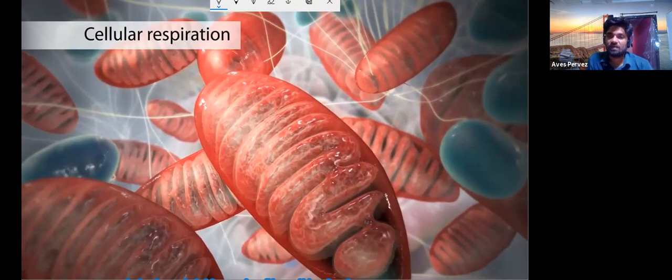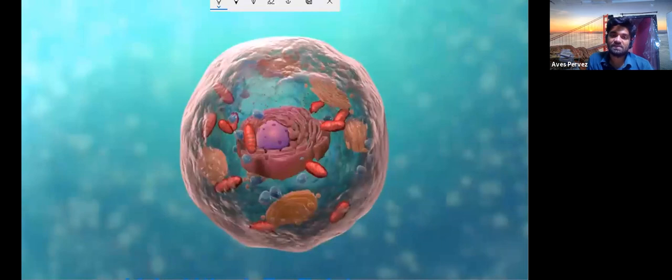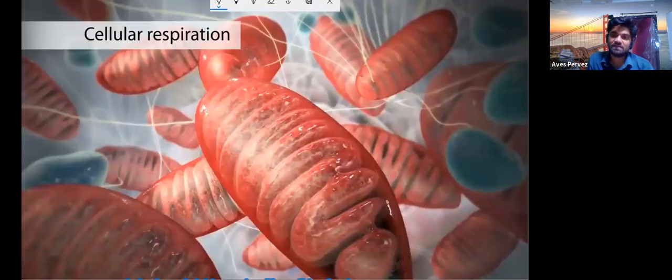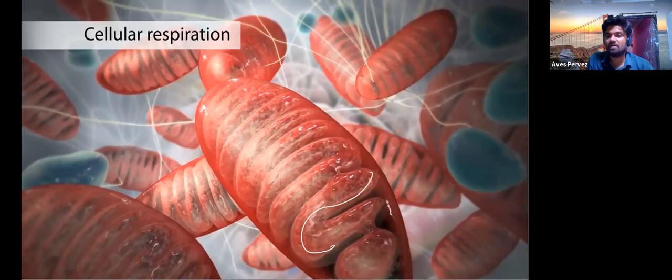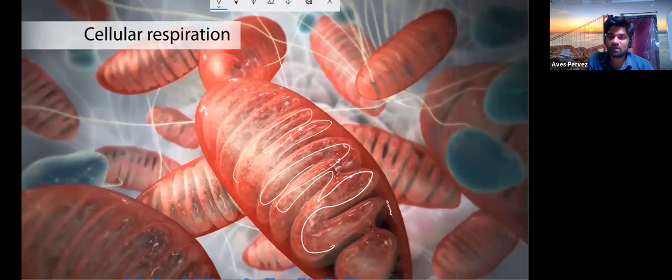You can see here that this is the mitochondria, and this is the coiled structure, the inner membrane. These are responsible for the production of ATP.